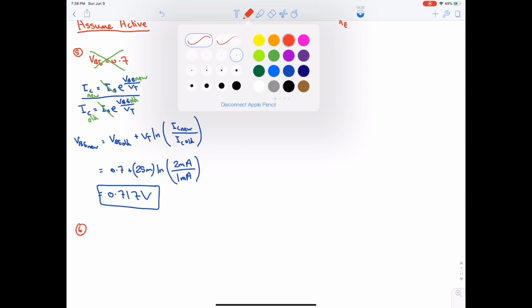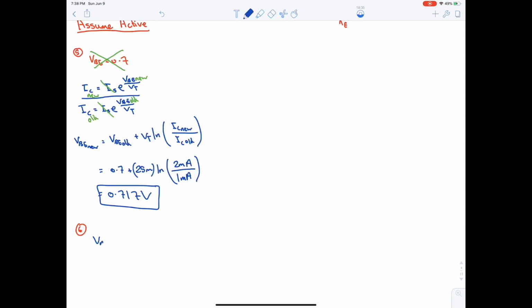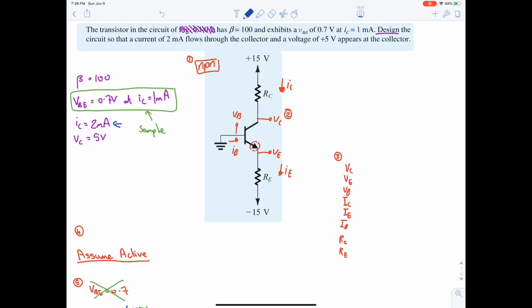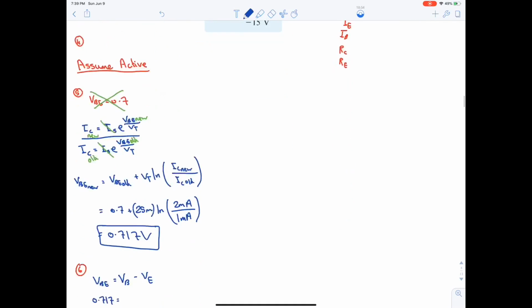Now, after we have found VBE, the next step is to open VBE. VBE is equal to the first letter minus the second letter. VBE is equal to 0.717. Do we have VB? If you note here, VB is connected to ground. Hence, it's equal to 0.